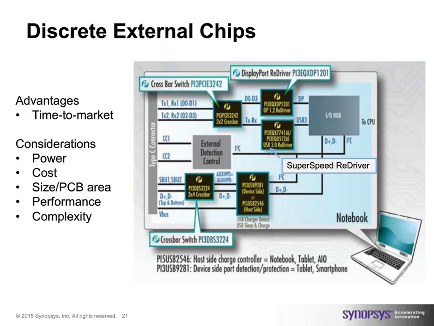Will people be able to or willing to pay extra, or will they buy your Type-C product instead of a non-Type-C product? However, so time to market, yes, good, but the considerations that you need to do is power, cost, PCB area, size, performance, and the complexity. You can see a typical application here, and there are a number of external chips that you need to put in to make it work.